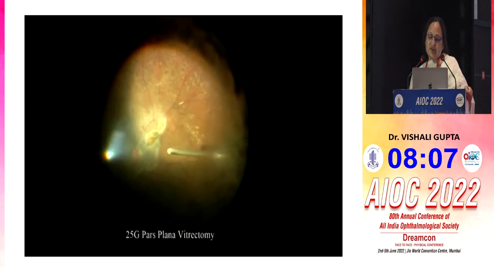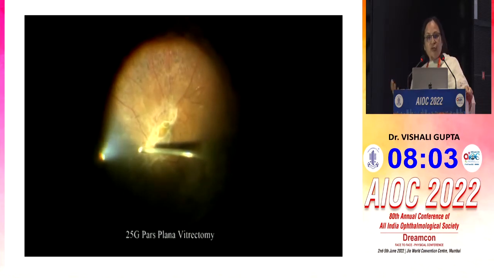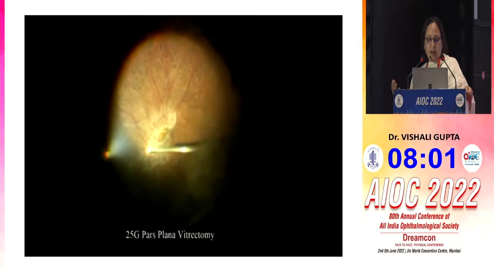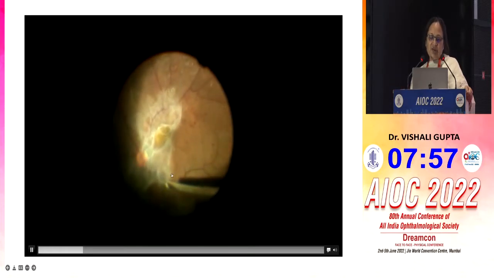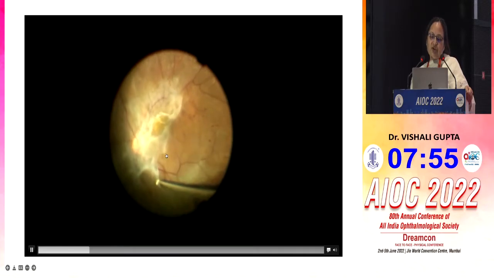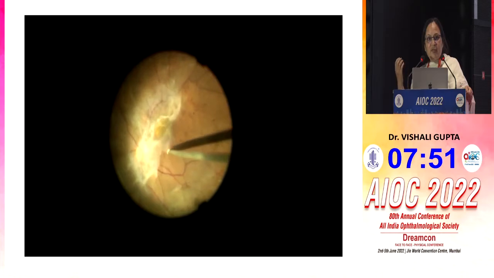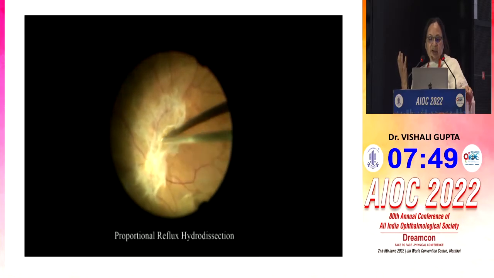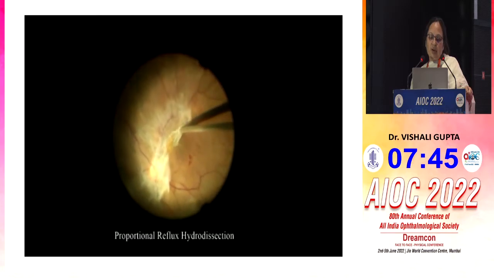In diabetics, of course, like any other surgery, you would do a core vitrectomy, make a good clear vitreous has to be done. Now this is the point. You want to enter the membranes at a point where it is away from the retina. And once you have the membranes, you just keep on insinuating.